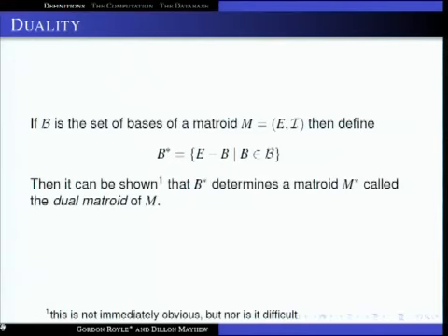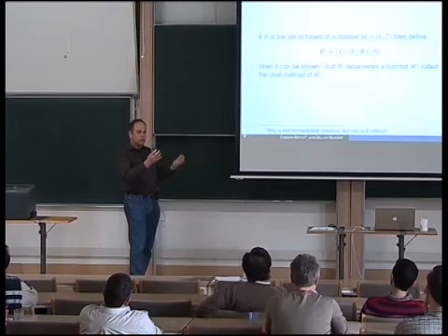Well, that turns out to be also the set of bases of a matroid. You then have to check that the exchange axiom works and things like that, but it does work. So for any matroid, there's a dual matroid. If the matroid's got rank R and you've got an n element set, then the dual matroid has rank n minus R. So matroids come in dual pairs.